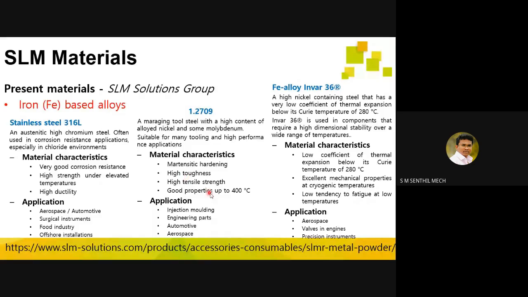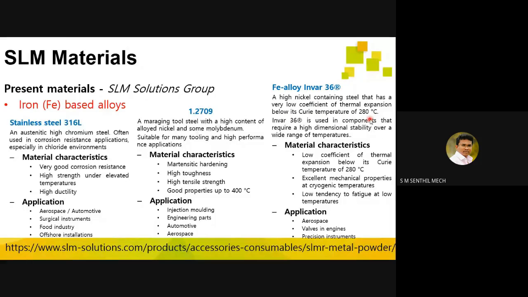It has good properties up to 400 degrees Celsius. The application here is injection molding, which is one of the primary applications of this material. Next is again a trademark material, that is the iron alloy Invar. It is a nickel-containing steel that has a very low coefficient of thermal expansion below its Curie temperature of 200 degrees Celsius.